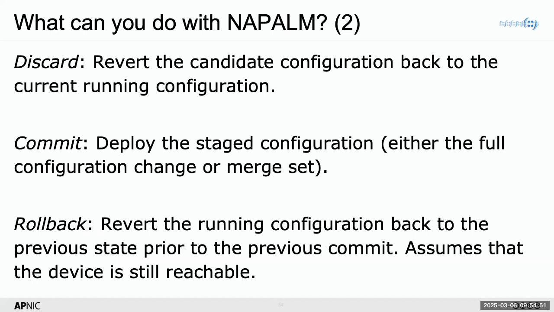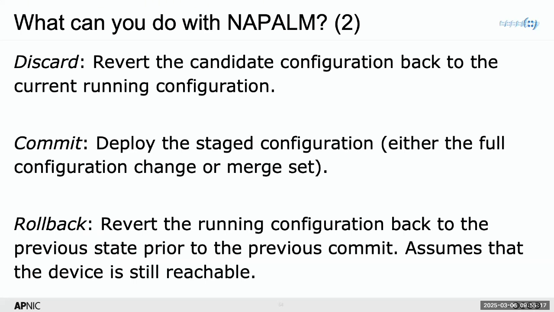Now most devices have this concept of doing the configuration in two steps. First you do the configuration, then you check whether there is any error or conflict with the existing configuration, and then you commit the configuration. The concept is similar here. It helps us do this configuration in two stages.